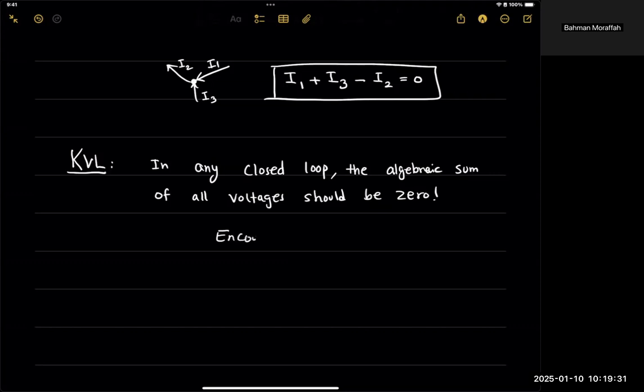Encountering positive, the voltage is positive; encountering negative, the voltage is negative.